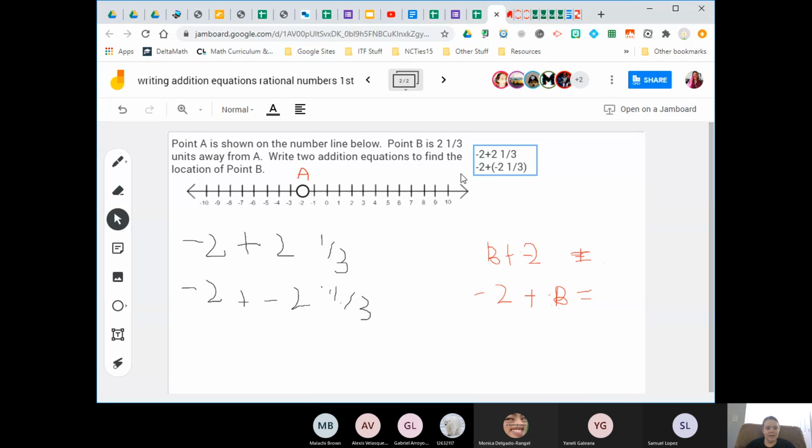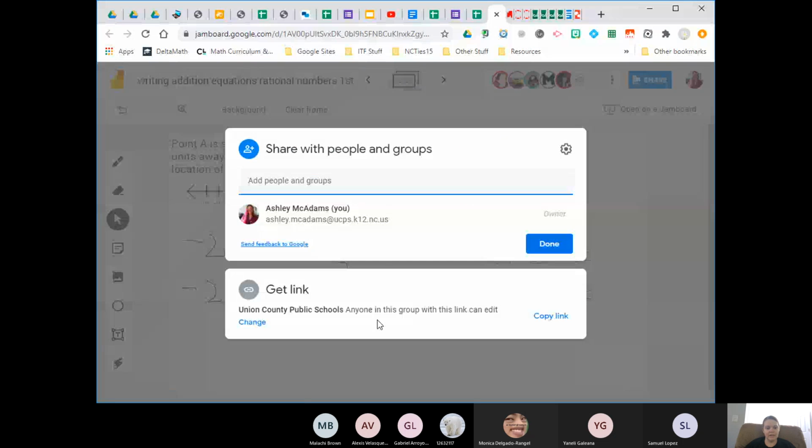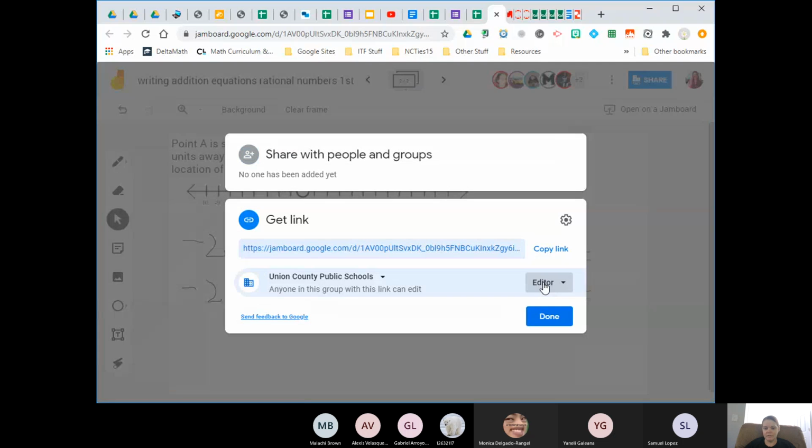And both of those would help us find where B is on the number line. Any questions about this one? As I take away your editing rights.